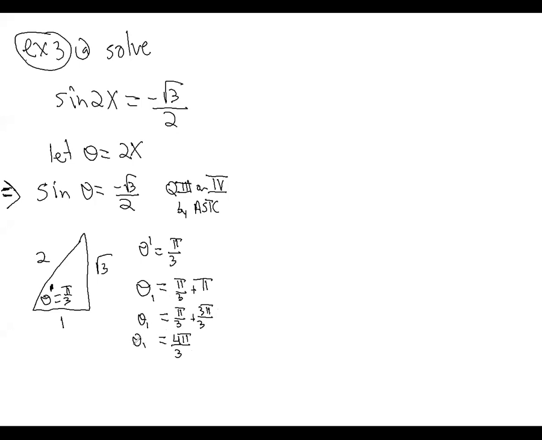Remember, we're going to have to go back to x. And then theta 2 should be 2 pi minus pi over 3. So again, theta 1 was the quadrant 3 answer. Theta 2 would be the quadrant 4 answer.